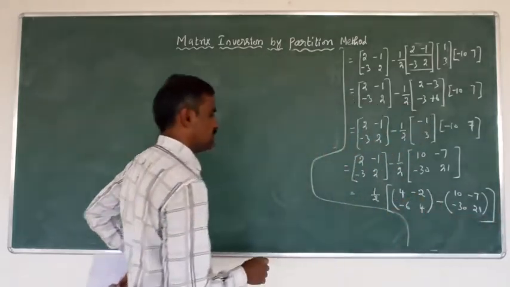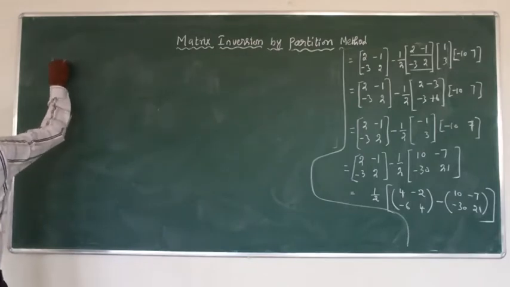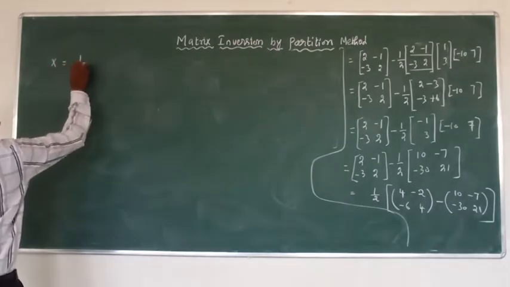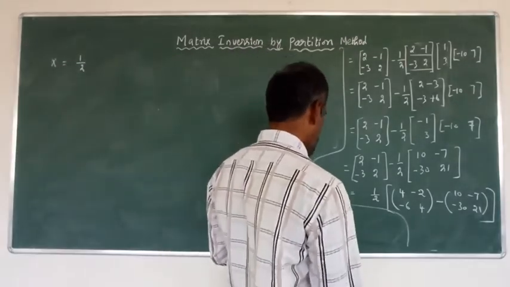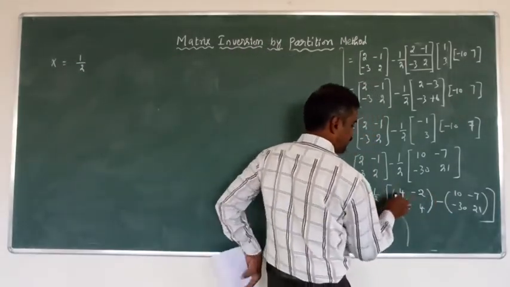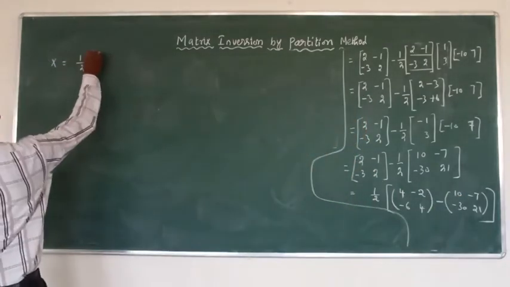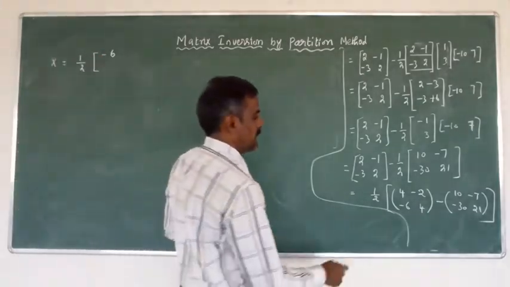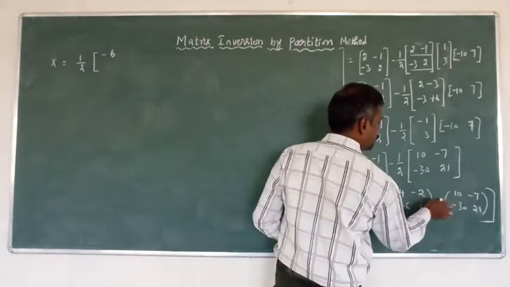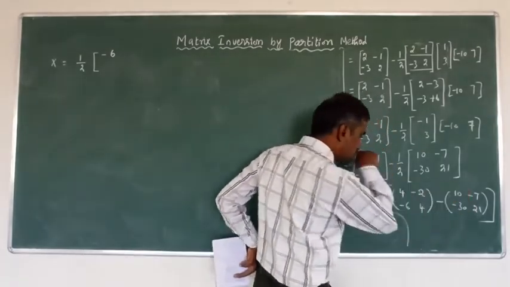Now to simplify these two, x is equal to 1 divided by 2. Now we can subtract 4 minus 10. 4 minus 10, that result minus 6, and minus 2, this is for minus 7, minus 2, this is for plus 7.